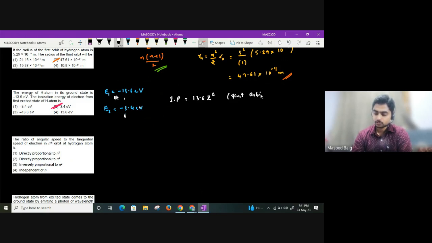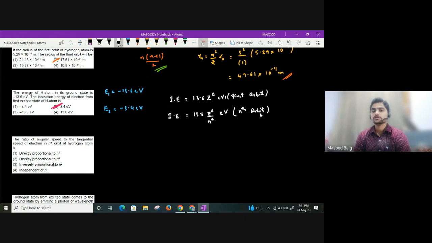So ionization energy will be 13.6 Z square in electron volt. Or for a Bohr atom in nth orbit, it will be 13.6 Z square by n square electron volt. This you should remember. In order to ionize, I need to make the energy of the electron zero. The energy of an electron in the second state of hydrogen atom is minus 3.4. To make it zero, I just give plus 3.4. Clear, everyone?